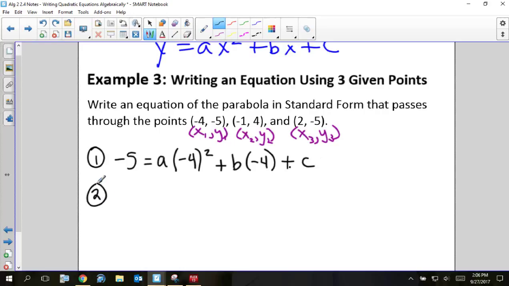Equation number 2, I use x2, y2. So I'm going to start with y2, 4 equals a times negative 1 squared, plus b times negative 1, plus c.